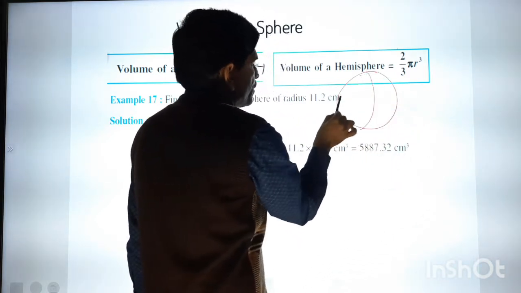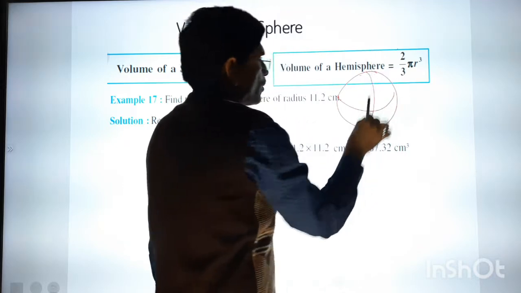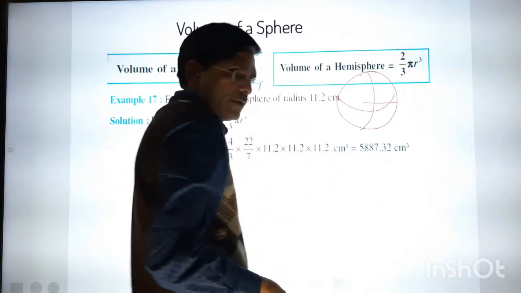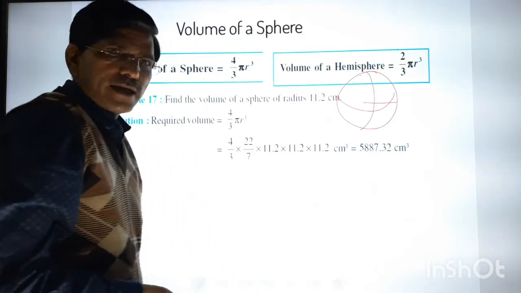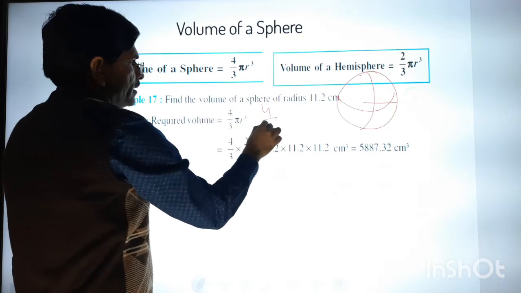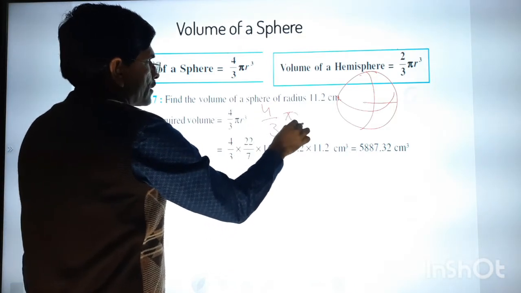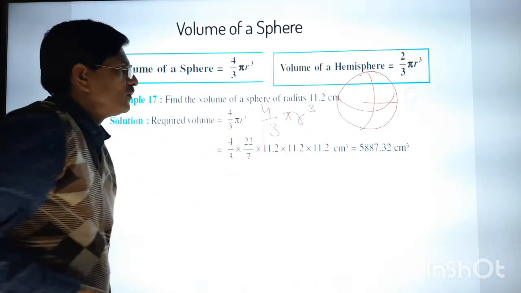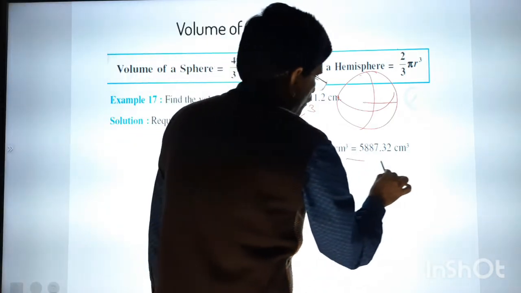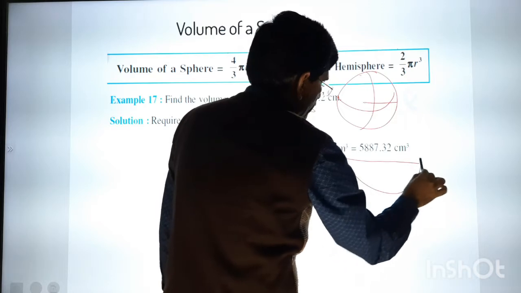So the volume of a sphere formula is 4 by 3 pi r cube. Here it is the center, and from the center I have to make r. So it is the radius. 4 by 3 pi r cube, that is the volume of a sphere. Now if I divide it by 2, it will look like that.